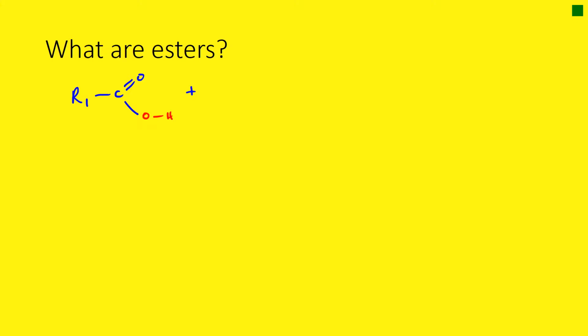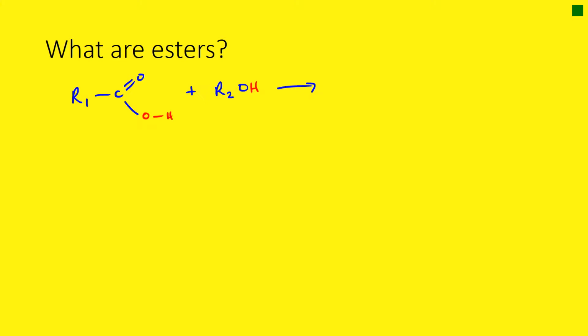And so the carboxylic acid is going to react with an alcohol. We might have another alkyl group, but this time attached to a hydroxyl group, of course, with an alcohol. And so when they react in the presence of concentrated sulfuric acid, then you're going to get your ester.